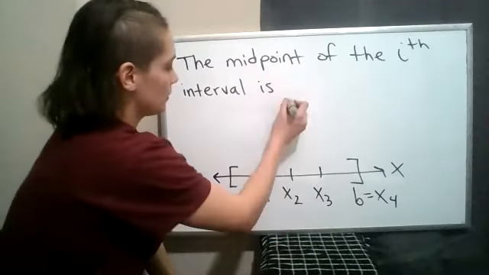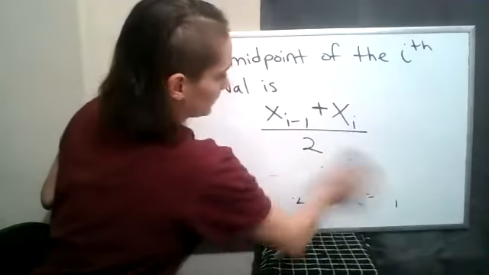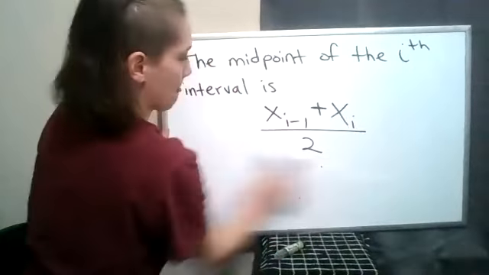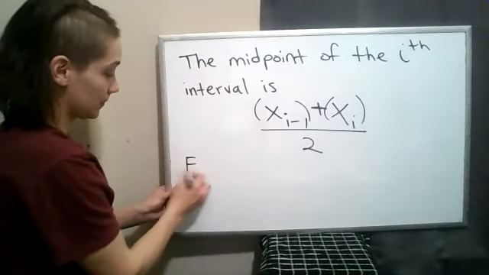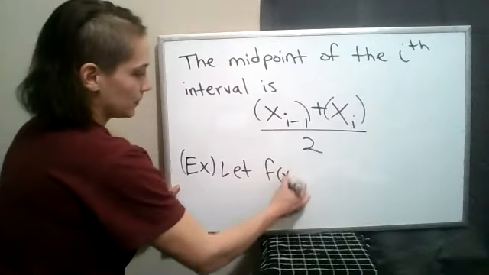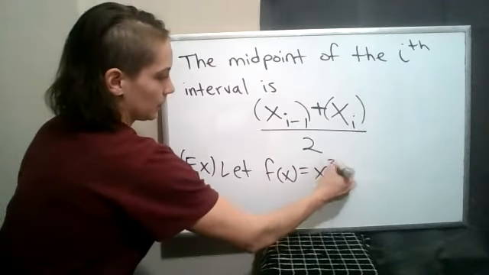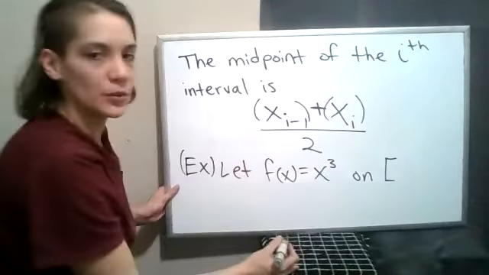So we're going to try the function f of x equals x cubed. Our interval goes from 0 to 1.